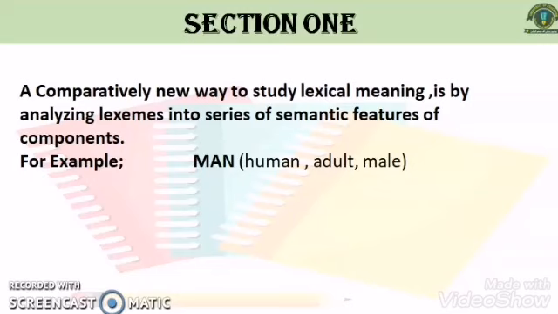Man has three major factors: human, adult and male. But the boy has three basic factors: human, young and male.